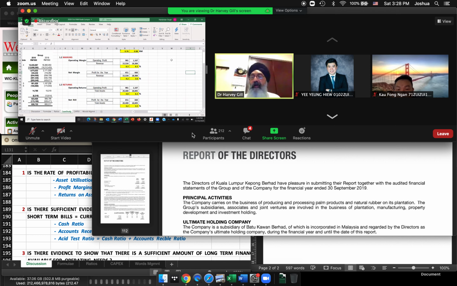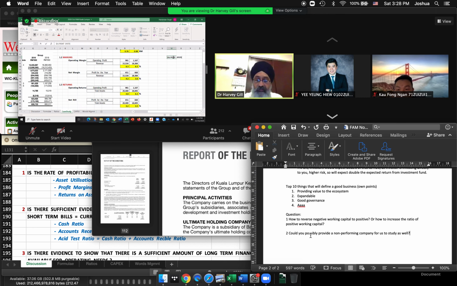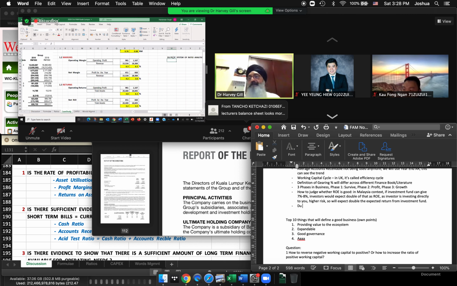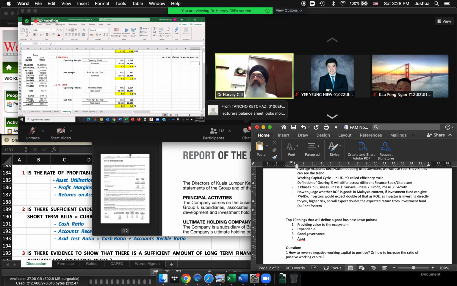Yeah. This is called the DuPont system. DuPont system of ratio analysis. In the DuPont system of ratio analysis, it is basically an analysis of ROE, return on equity. Yeah, return on equity, according to their definition, is the equity multiplier multiplied by return on assets.